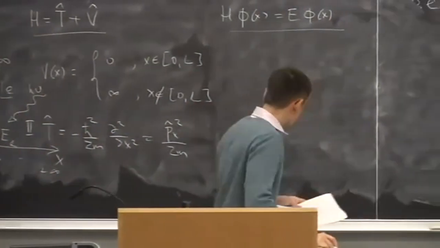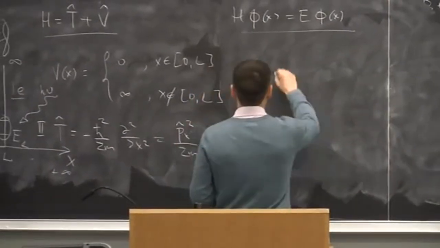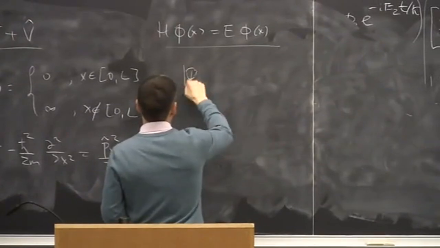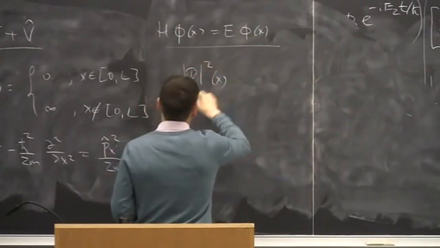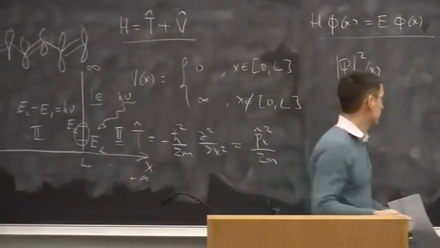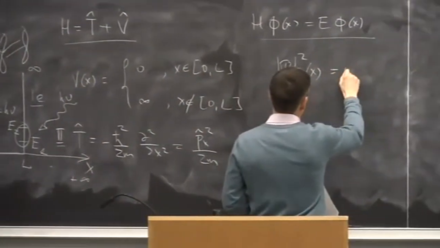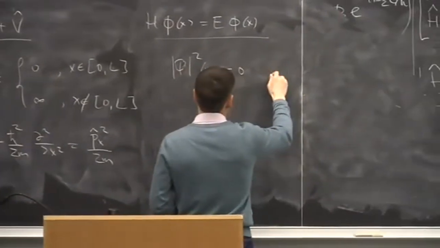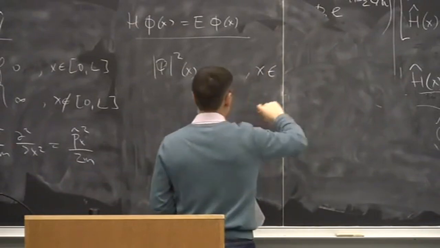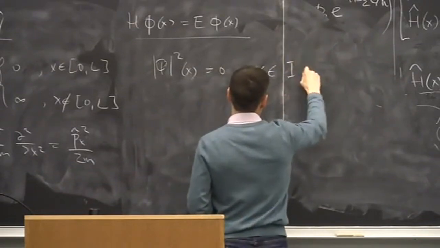Now, the probability density of finding the particle outside of the box is 0 when x is in region 1 or 3.